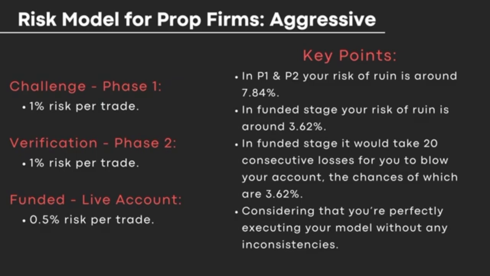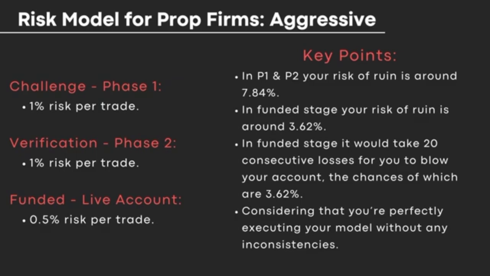And based on that data, your risk of ruin is 7.84%, which means there is a 7.84% chance of you blowing your account even if you're following your plan perfectly without any mistake or inconsistency, right? That's the reality. But of course, if you divert away from your plan and stop respecting your system, this percentage value increases even more and your chances of risk of ruin increases.